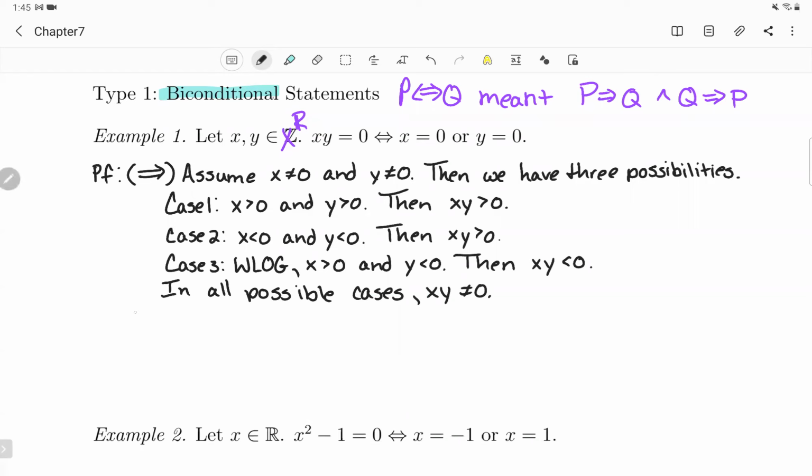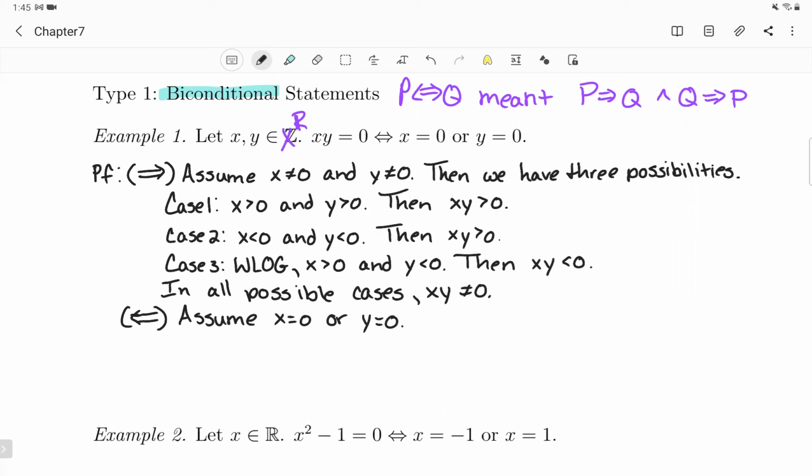Okay. Now we're going to do the backward direction. And this one, I'm going to do a direct proof. So I'm going to assume x equals 0 or y equals 0. And my goal is to get x times y equals 0.